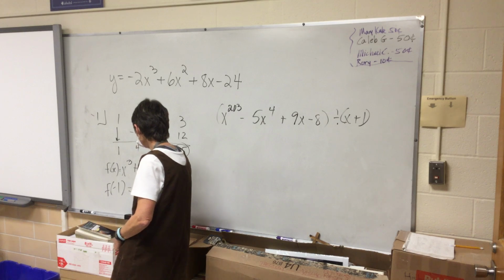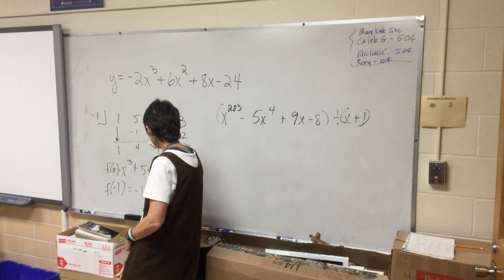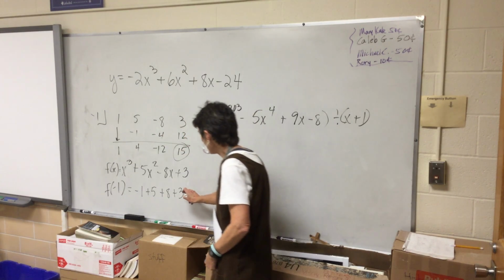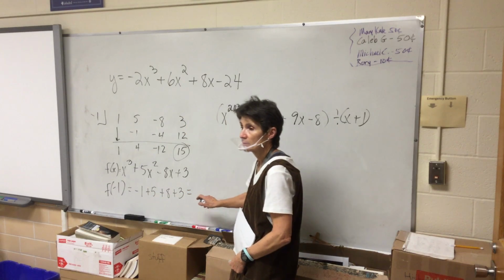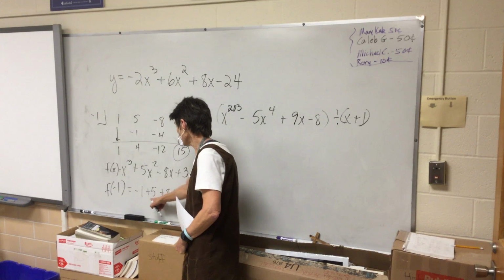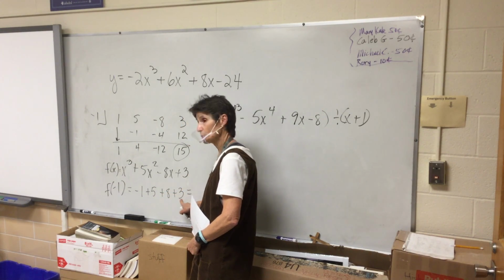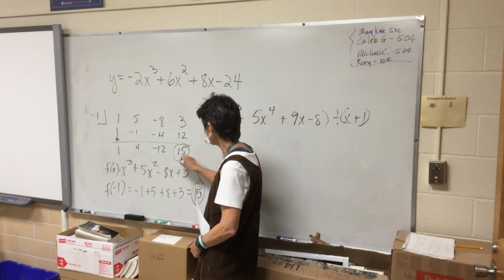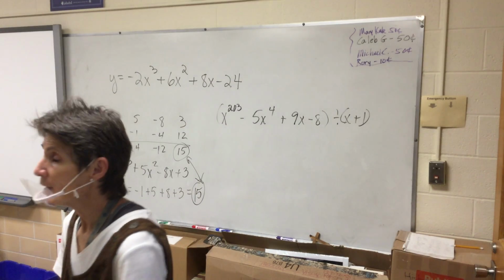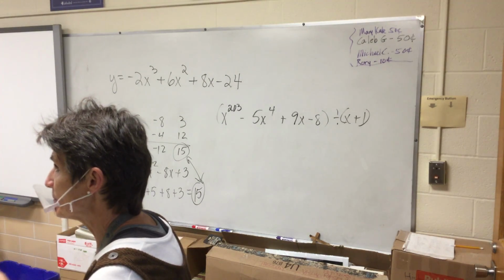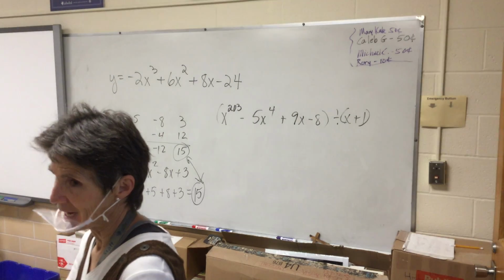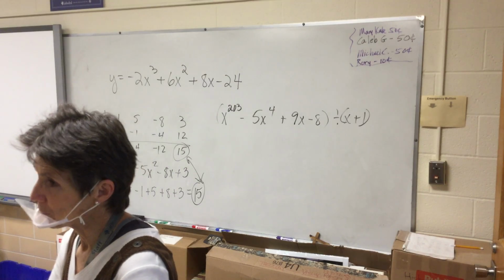I get -1 plus 5 plus 8 plus 3. What do you get when you add all that up? 4, 12, 3, 15. You get the remainder. So if you don't want to do the division for whatever reason, you can always just plug in the same number you would have divided by, and that will give you the remainder.